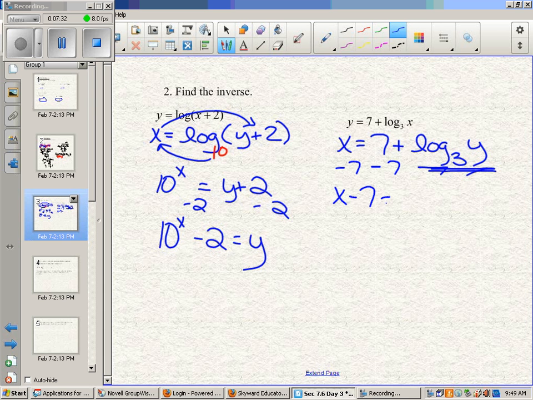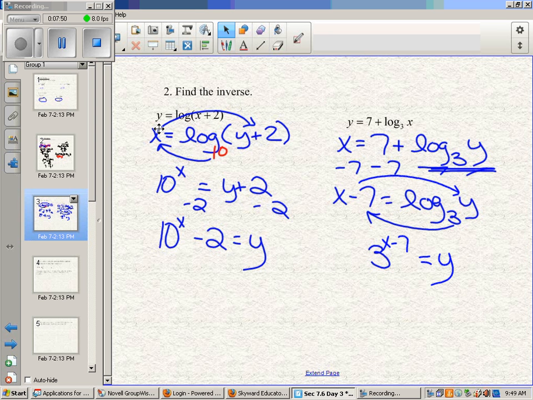So I got x minus 7 equals log base 3 of y. Now is my log by itself? Yes. What do I change it to? Exponential. What's the base? What's the power? What does it equal? Okay? Anything I didn't cover?